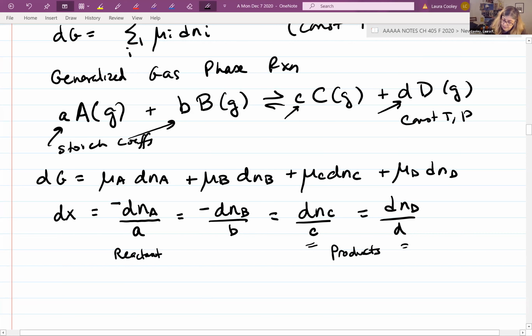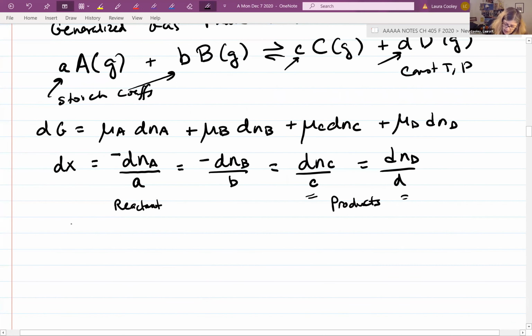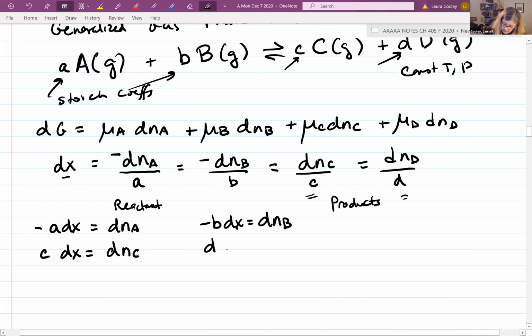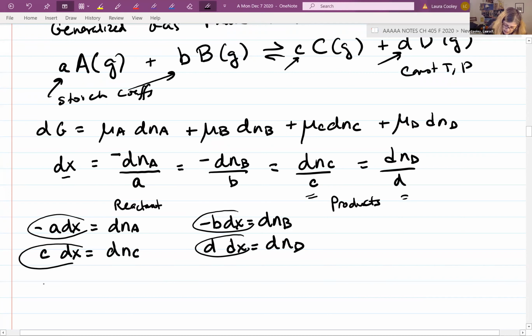changing the sign there. Okay, so now we have that minus a dx is the change in moles of A, minus b dx is the change in moles of B. And then we have c dx equals the moles of C, and little d dx, I love that one, is dn_D. Okay, so now I'm going to substitute these in, and we end up with dG equals mu_A.